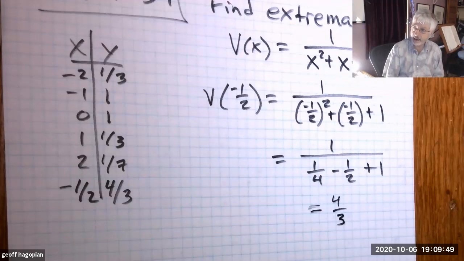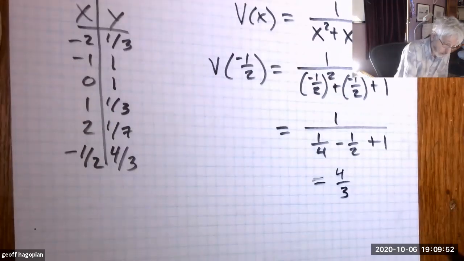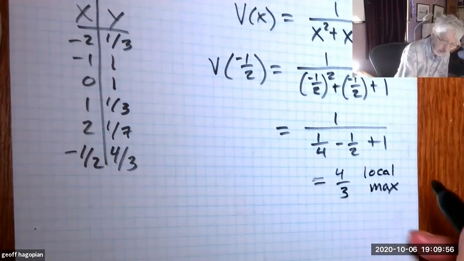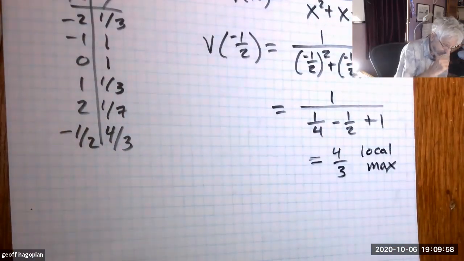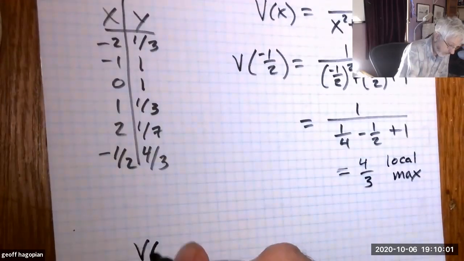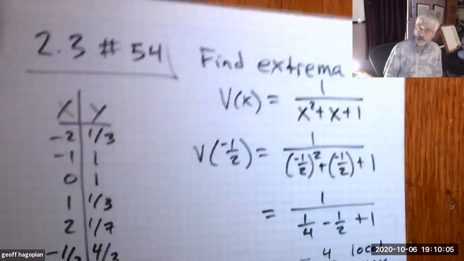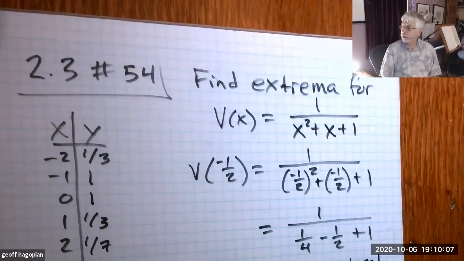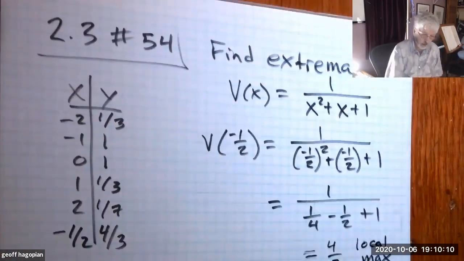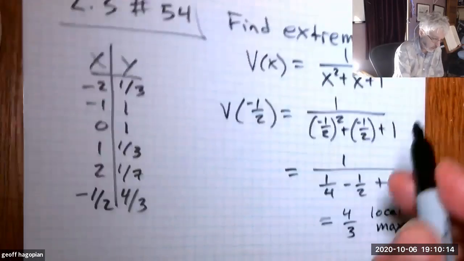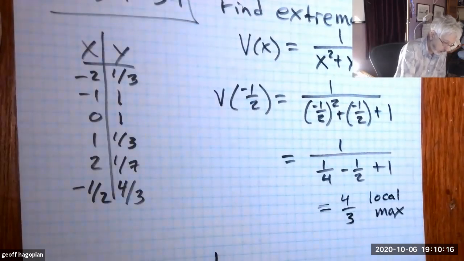I'm going to prove that now. So this is a local max. Actually, it's a global max, but it is certainly local. Look at v of x from a different point of view. This is a quadratic in the denominator. Let me just do this quickly. What can you do with a quadratic? You can always complete the square. You're going to get x plus 1/2 squared plus 3/4.